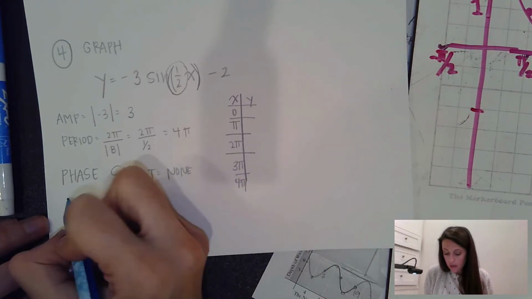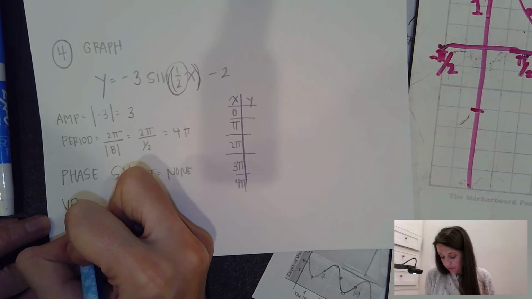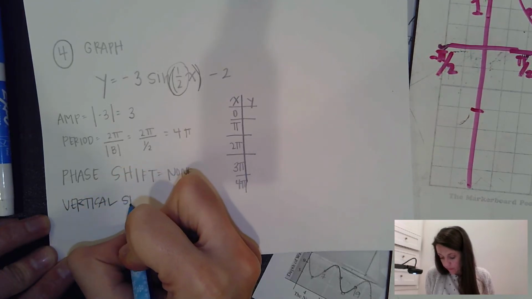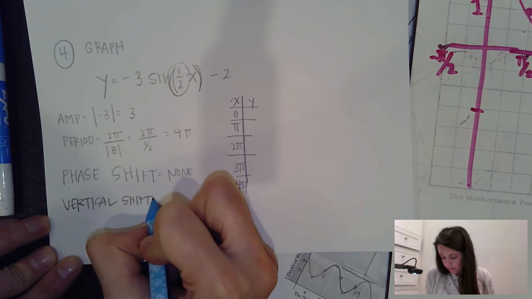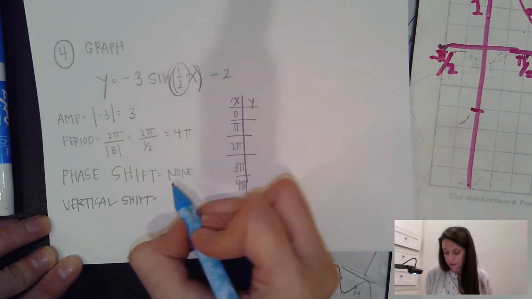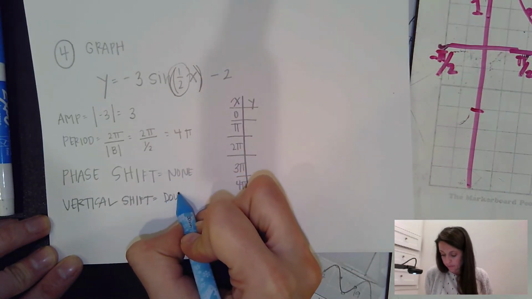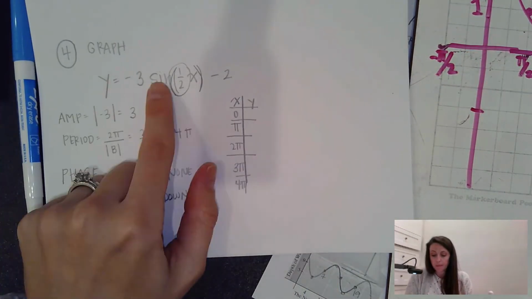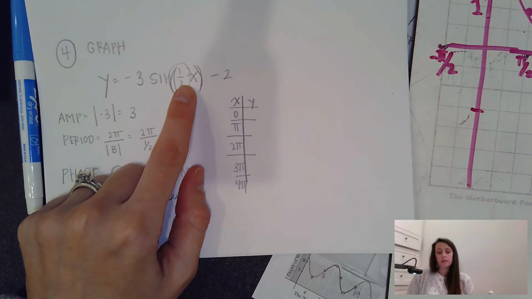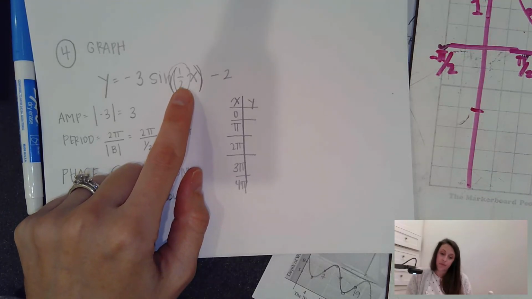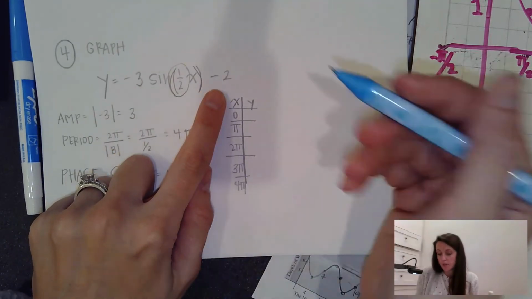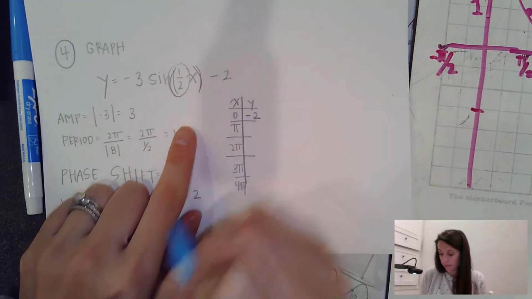No phase shift. What about vertical shift? It's going to move down 2. Right? Alright. So sine of 0 is 0, times negative 3 is 0, 0 minus 2, so this is going to be a negative 2 here.